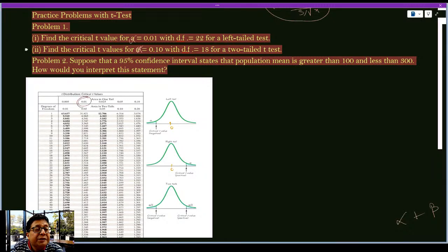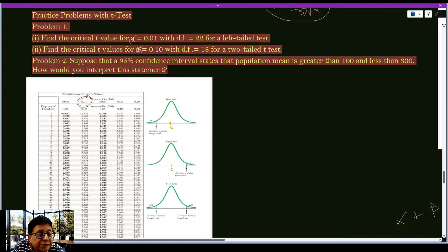Alpha 0.01 here. And degrees of freedom 22 where? 22 here. So from 22 draw a horizontal line. Just do a horizontal line from 22. And then from 0.01 you draw a vertical line. Okay? Then see how much you are getting.